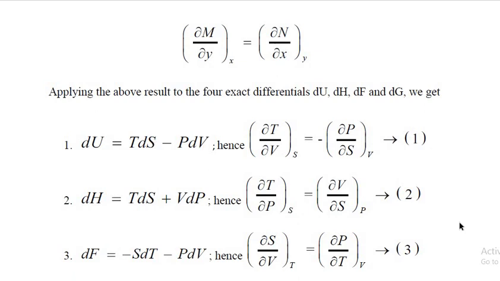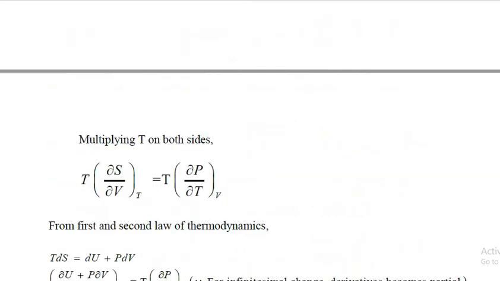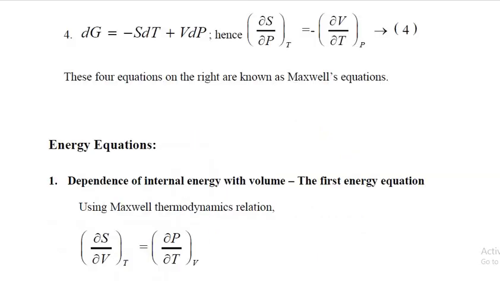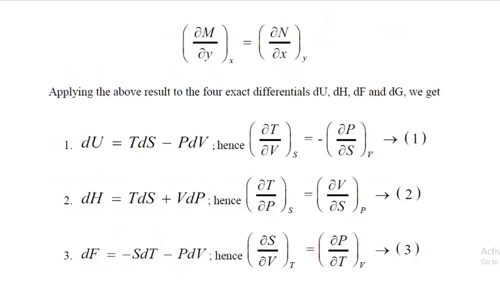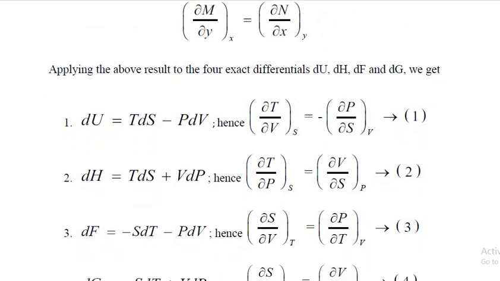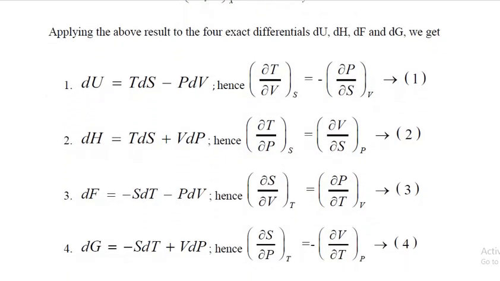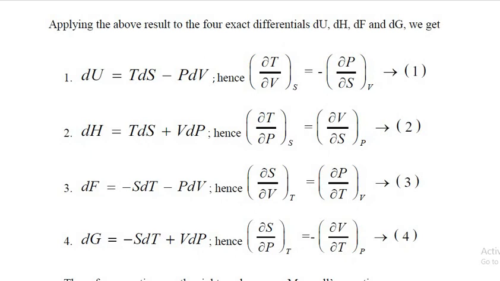Same way you have to write for enthalpy, Helmholtz free energy and Gibbs free energy. So enthalpy dH is equal to TdS plus VdP. So we can write ∂T/∂P at S is equal to ∂V/∂S at P. Similarly, dF is equal to minus SdT minus PdV.